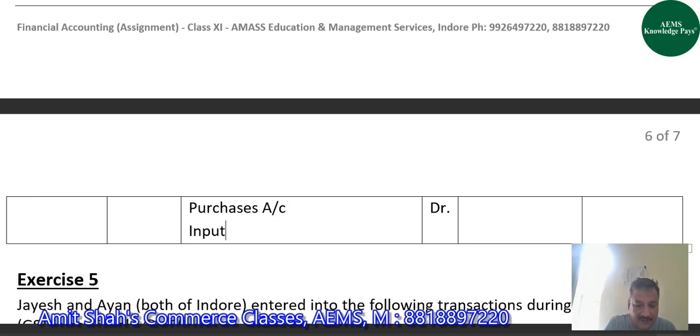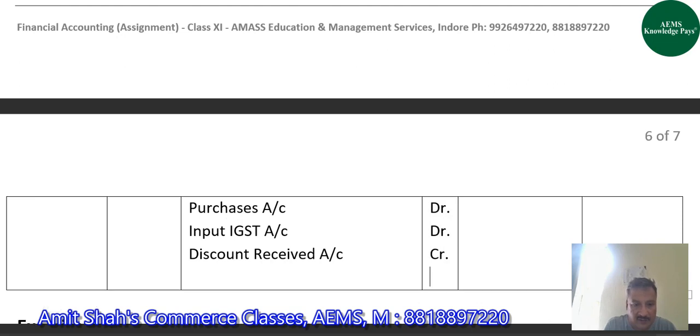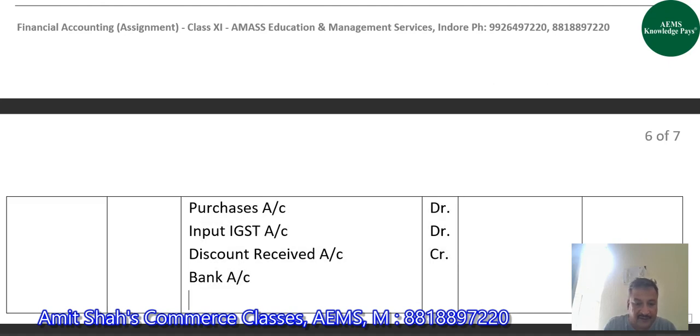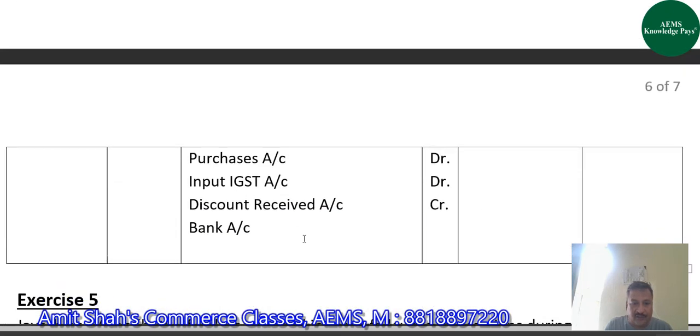We will debit input IGST account. We will credit discount received account. We will credit bank account because we have given a check, and we will credit the party from whom we purchased it, and that is Rohan Brothers, Delhi. So we'll credit Rohan Brothers account.